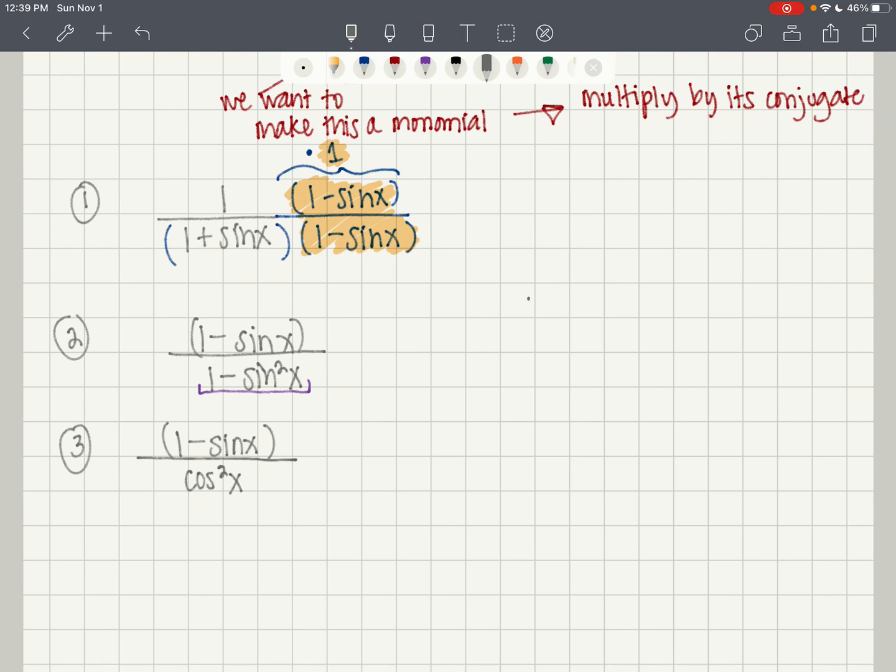Sine squared of x plus cosine squared of x equals 1. If I subtract sine squared from both sides, I get cosine squared equals 1 minus sine squared of x. And that's exactly what we substituted in for 1 minus sine squared: cosine squared.